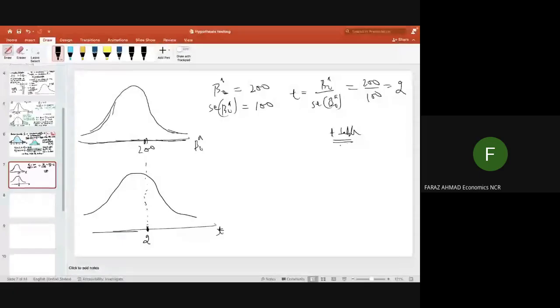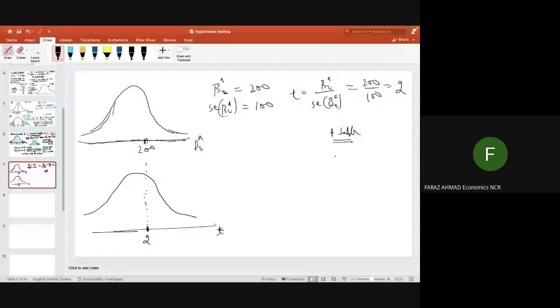And then we have a t table. T table looks like this, that there are some degrees of freedom, and there is sample size. I will show you the t table, but what does it do?